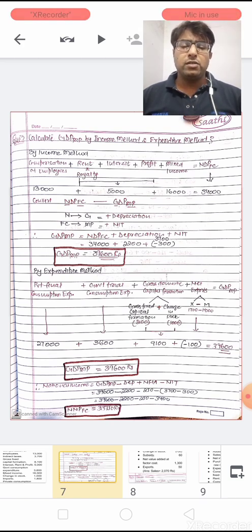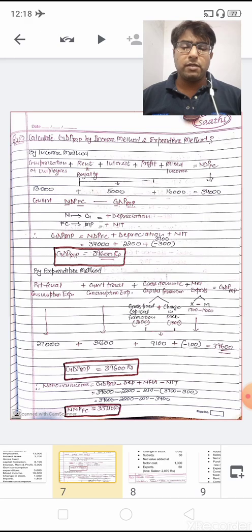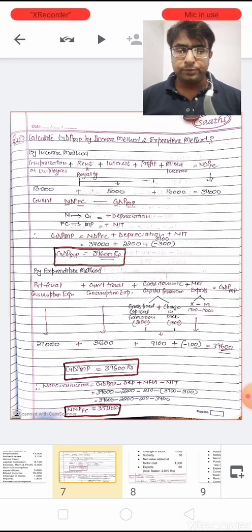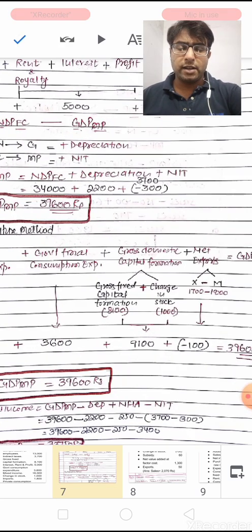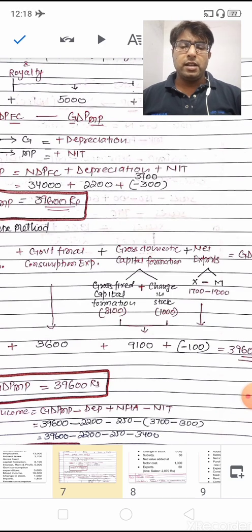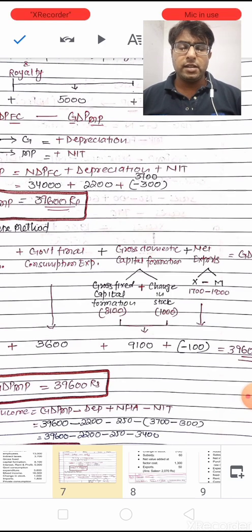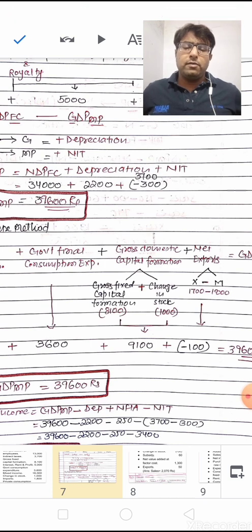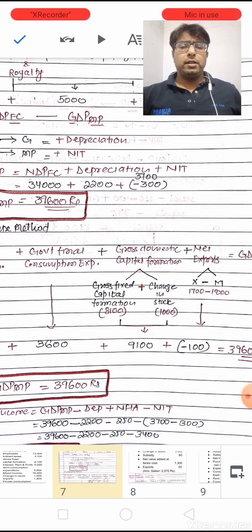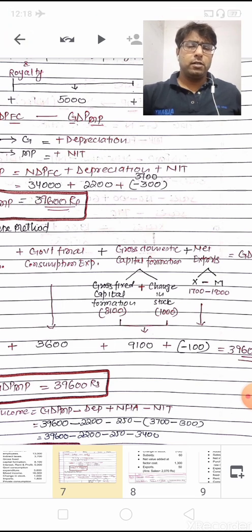Its subhead values are given: gross fixed capital formation is given as 8,100, whereas change in stock is given as 1,000. Change in stock is also known as inventory investment. I hope you all know about it.